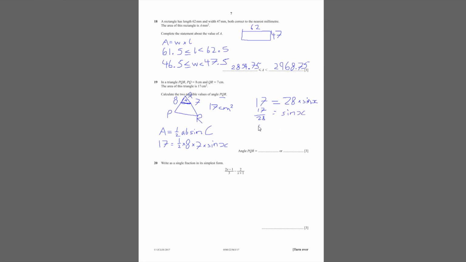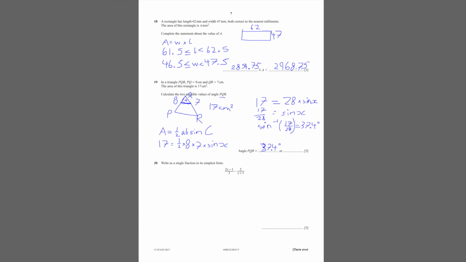If we then use arcsine of 17 over 28, we'll get our first answer for this, which is 37.4 degrees.